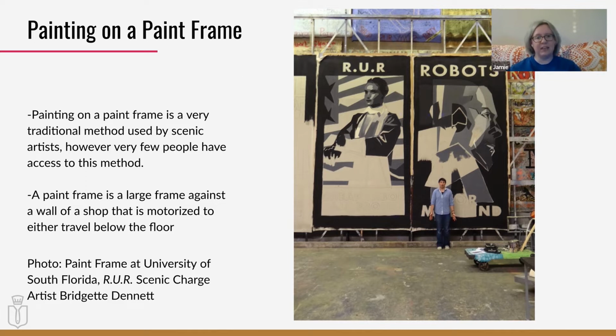If you have a paint frame that is actually motorized and can either go into the floor or raise up into the ceiling, you will not have to worry about being on scaffolding or, hopefully not, on ladders. Or maybe if you have access to a scissor lift, those are really wonderful alternatives to paint up high. But this is one example for painting on a paint frame.